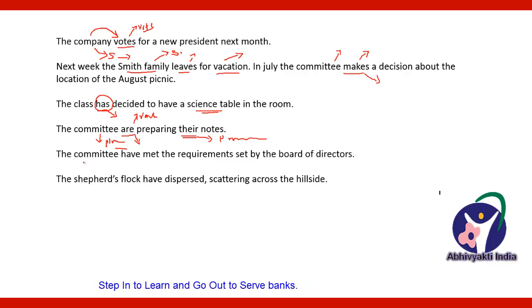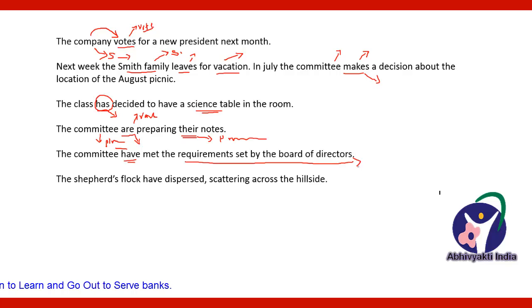See the next: the committee have met the requirements set by the board of directors. Whatever the requirements set by the board of directors, every member has to follow them individually. So they are following them individually.